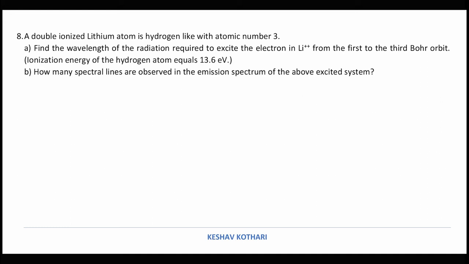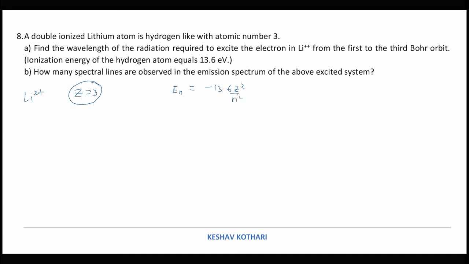So for this problem, if it is Li2+, I can take that the value of Z is equal to 3, and the value of energy in terms of electron volt can be written as minus 13.6 Z square by n square.